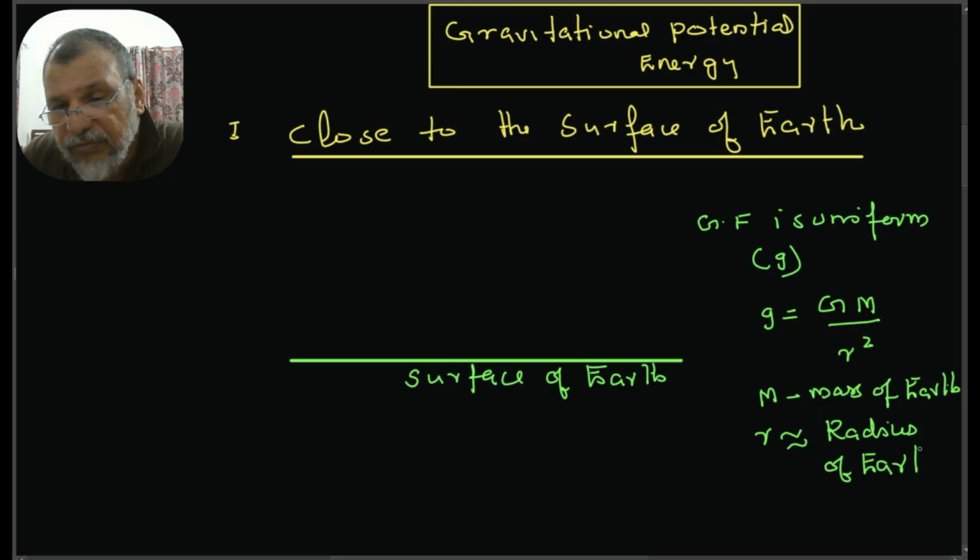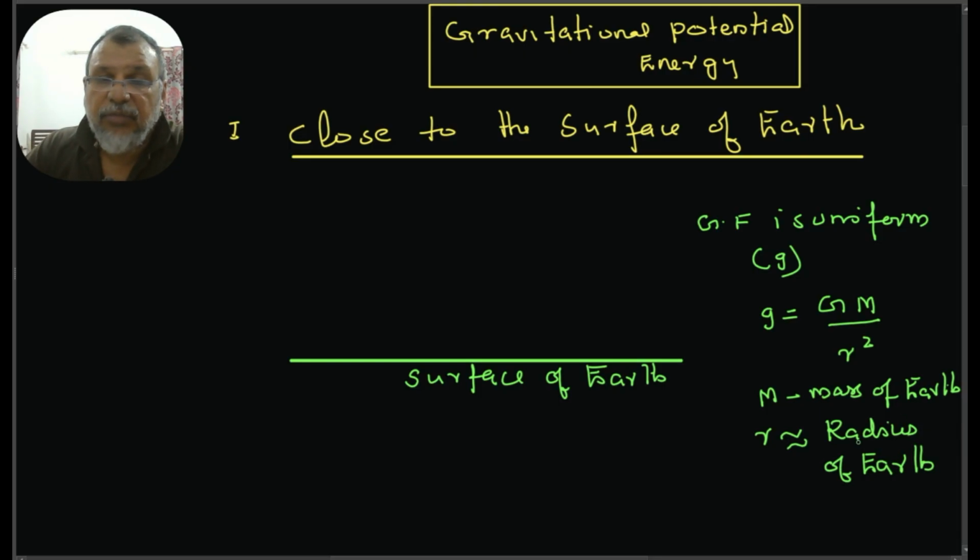This is confusing. Why is it the radius of Earth? This is approximately the radius of Earth because in this region, the height from the surface of the Earth is, let's take this point for example, we are lifting a body from the ground and you are lifting this body up to a height h, right?